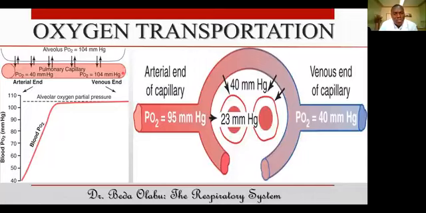So in the pulmonary veins, the pressures of oxygen have risen to 104 millimeters of mercury compared to the pressures in the arterial end of the pulmonary vasculature, which is 40 millimeters of mercury.